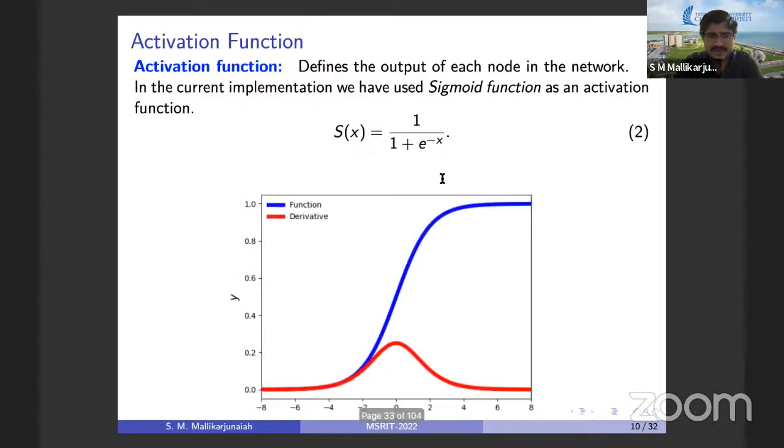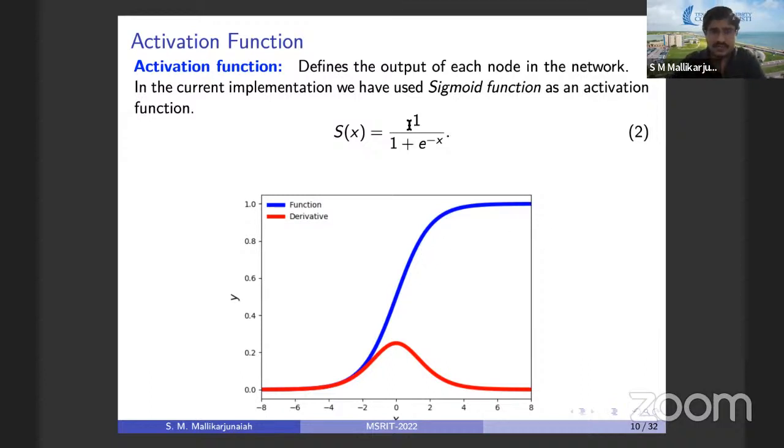The graph of the sigmoid function is this. Whatever the input x is, a scalar quantity here, the output is always between 0 and 1, which is depicted in the blue line.